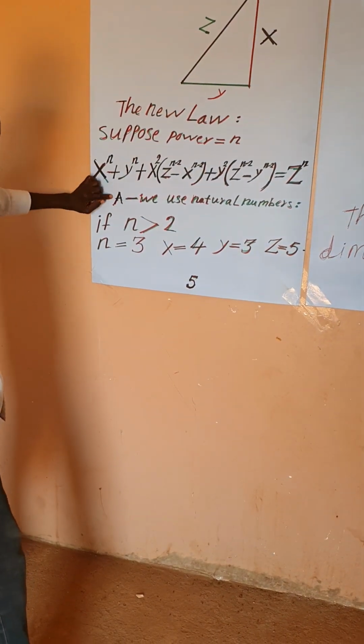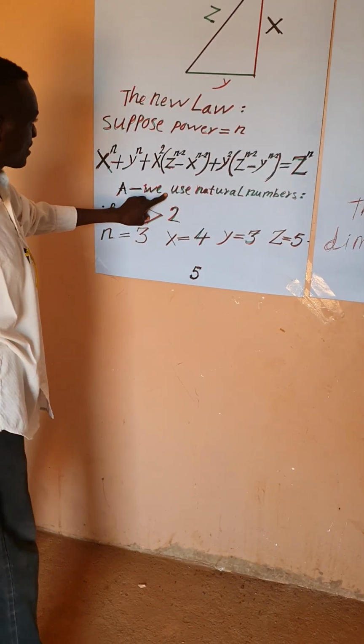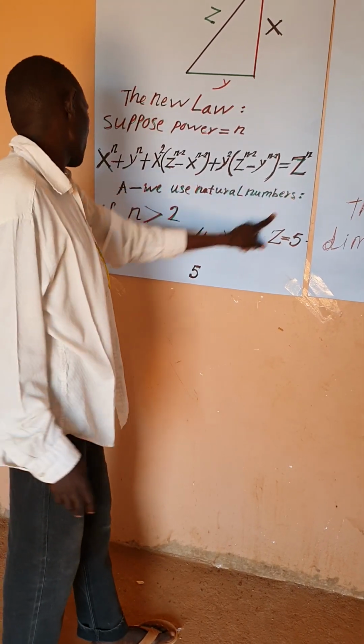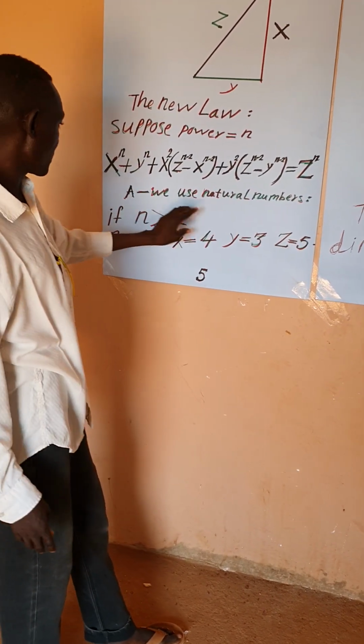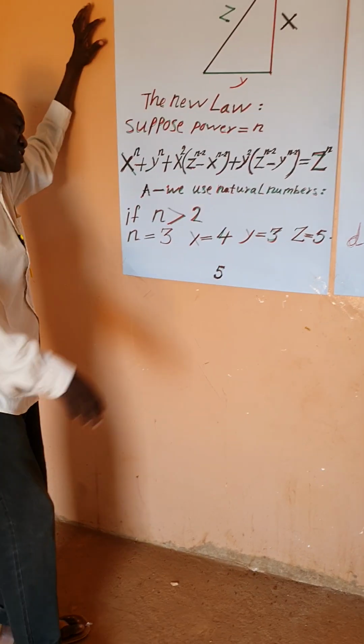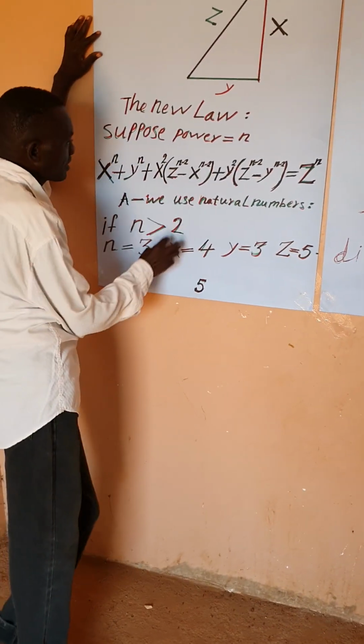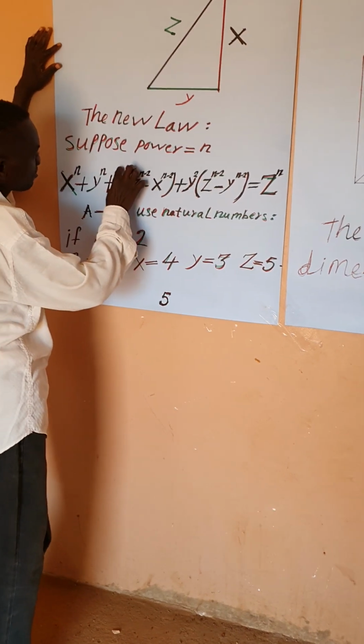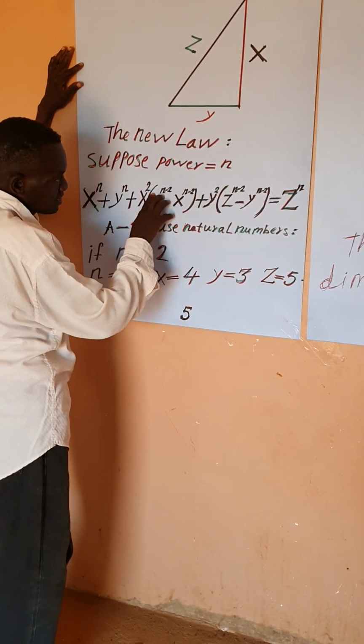If we use natural numbers, if n is bigger than 2, why is the Pythagoras theorem not correct? Because the Pythagoras theorem is not complete. It doesn't contain this equation.